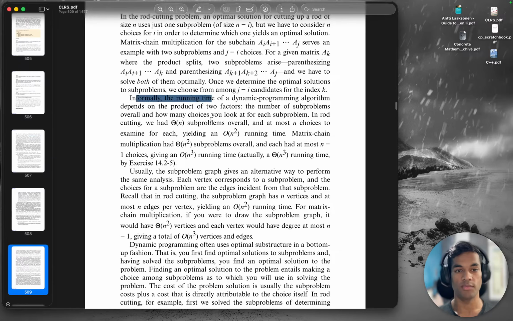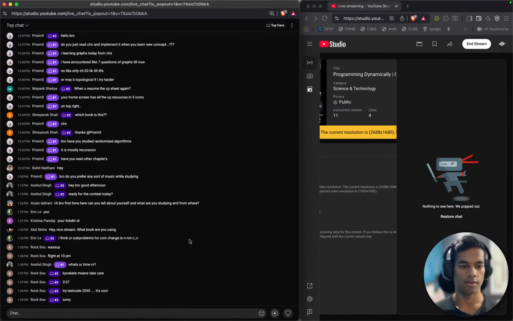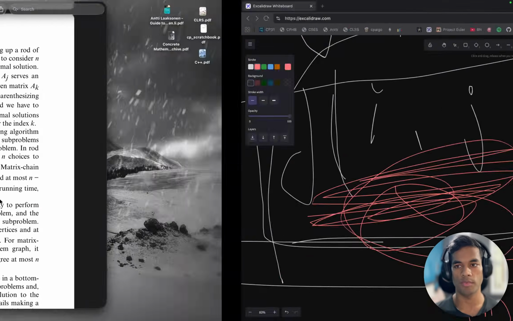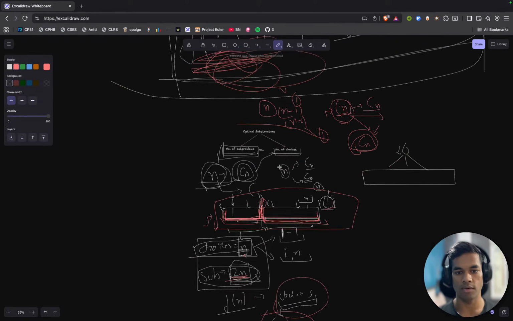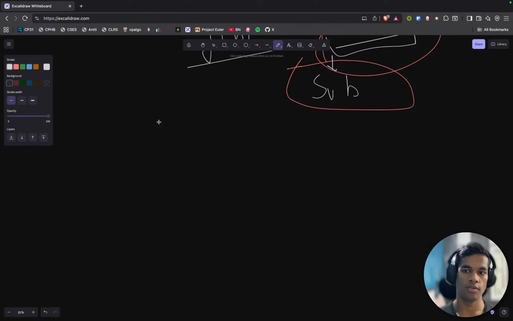Informally, that is very informal. The running time of a dynamic programming algorithm depends on the... Okay, so we are here considering the total number of subproblems, which is very similar to what Eric said before. The total number of subproblems, not the subproblems we have to solve at one particular level. So let's say we have n number of subproblems, which we do in coin change.